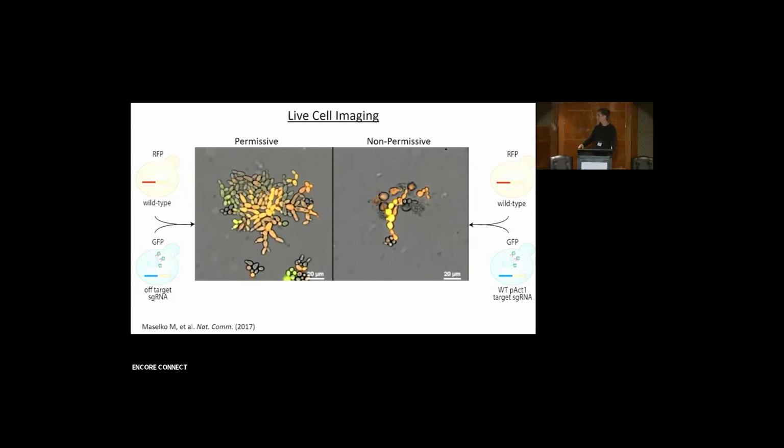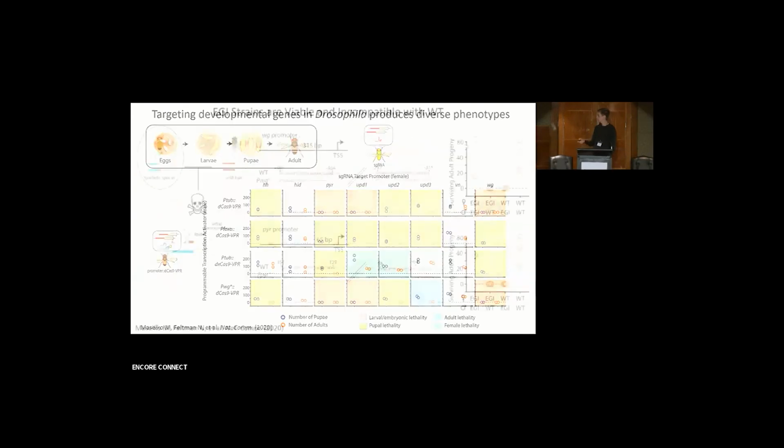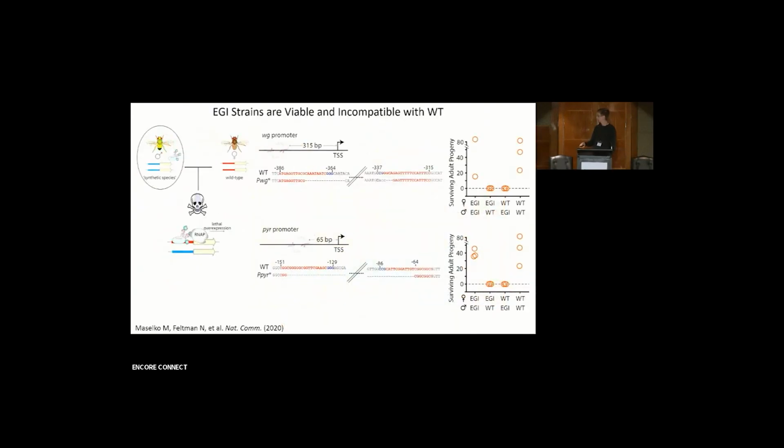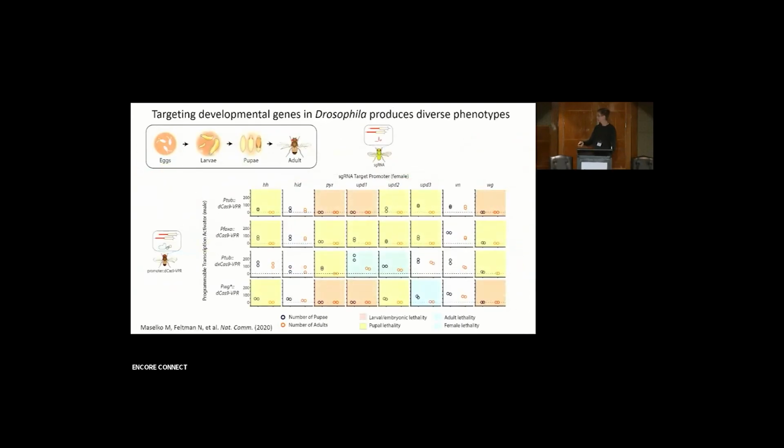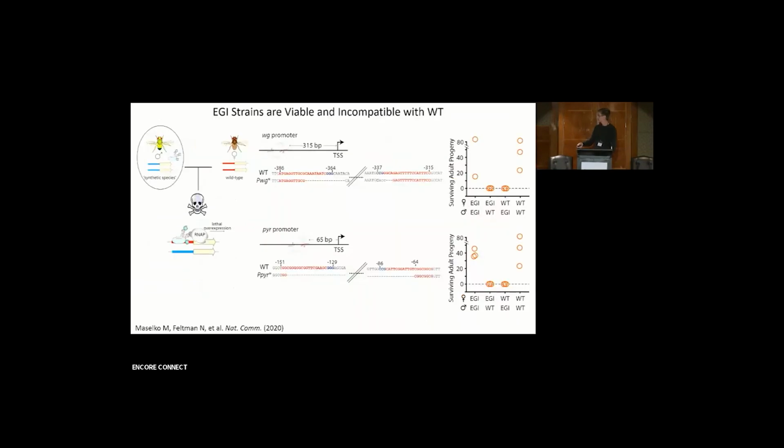And then after that, we moved on to insects. So I'll just skip that slide. Let's go on to insects. And again, in insects, what we did is we targeted a few of these developmental morphogen genes where we were able to introduce mutations and express these activators.